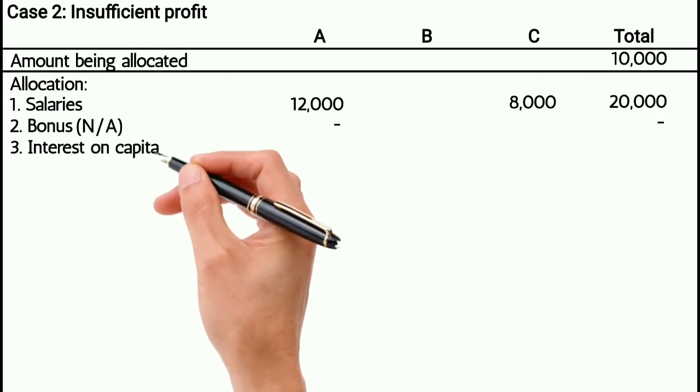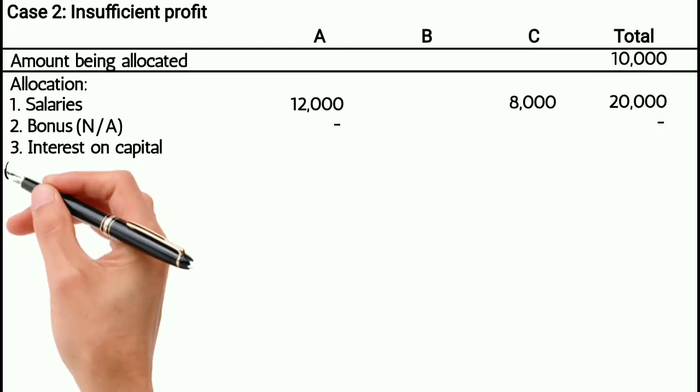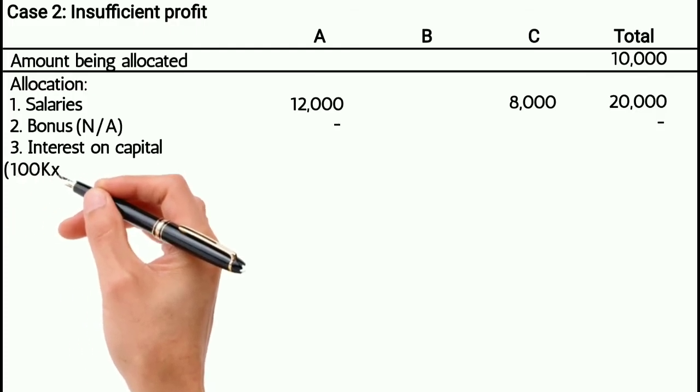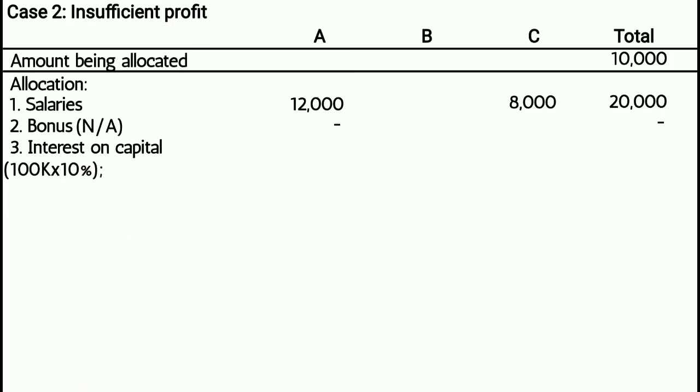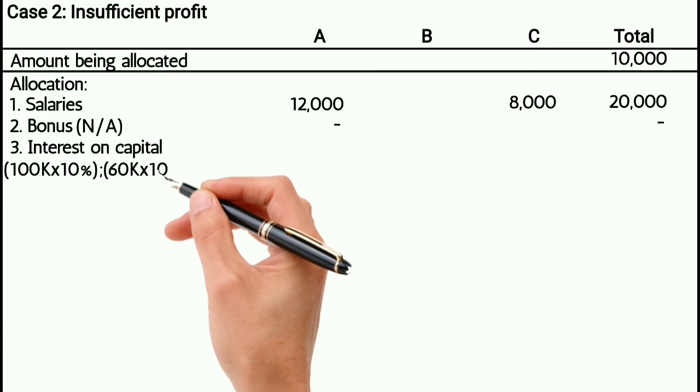Next, interest on capital. For A, imumultiply natin yung 100,000 pesos sa 10%. For B, imumultiply natin yung 60,000 pesos sa 10%.